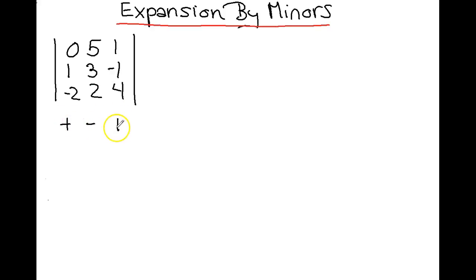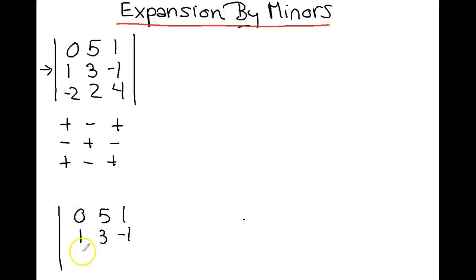So I'm going to build my array of signs, and you can see that they just alternate across rows and columns. And this time I'm going to expand by our middle row here. Okay, so if I draw this 3 times, it might help me locate the minor.